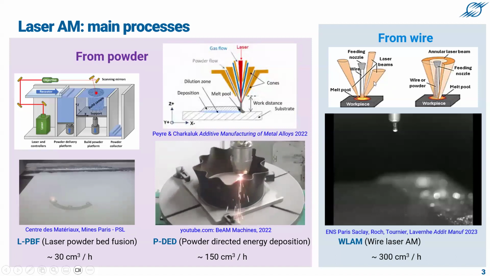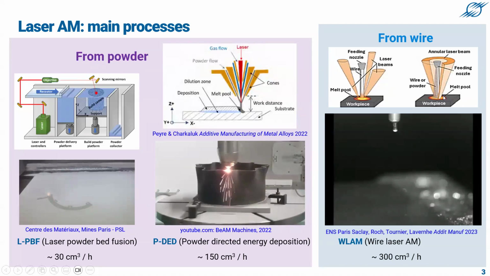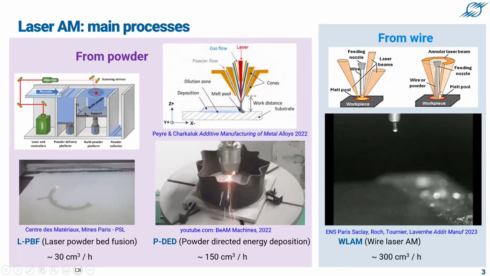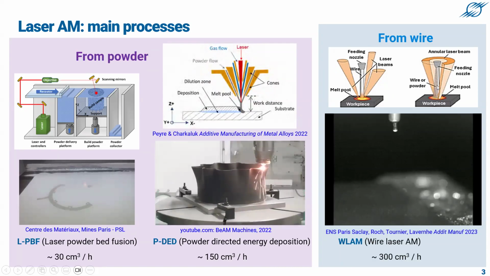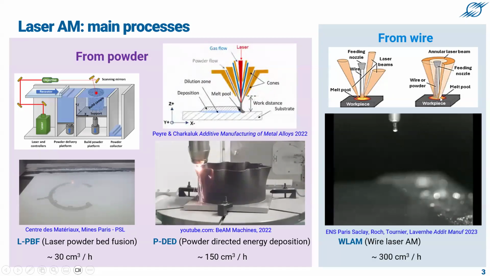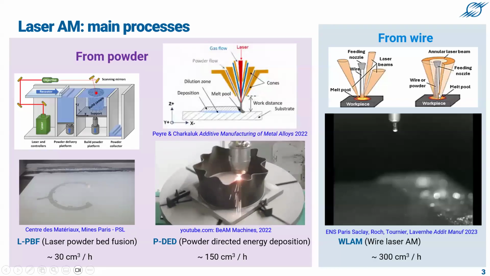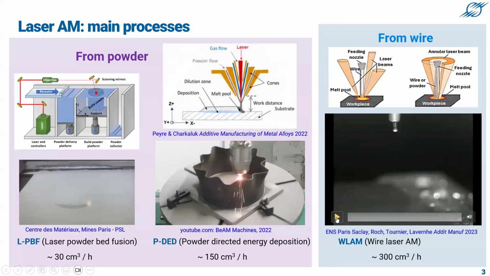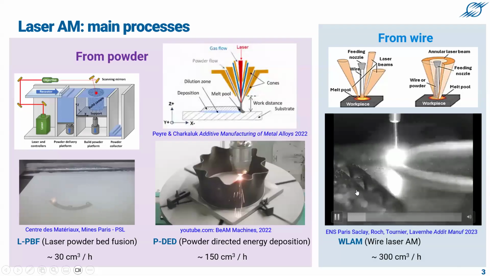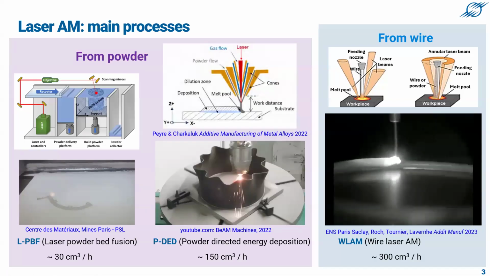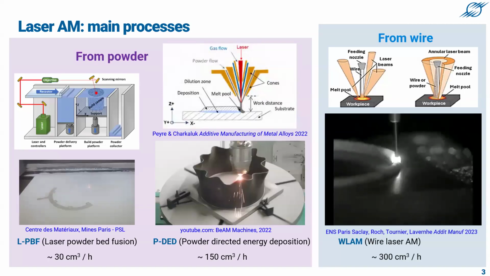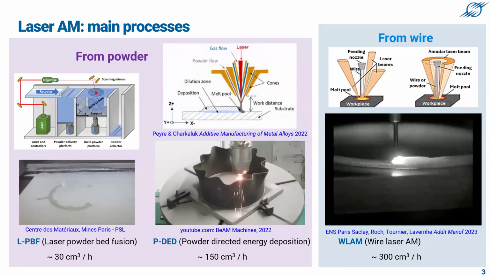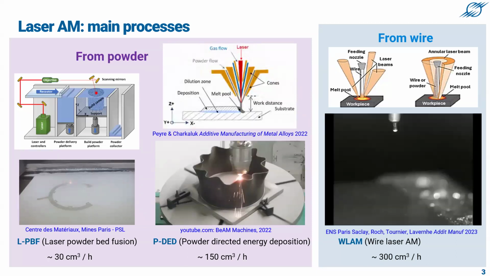The laser beam can be divided in three or transformed into an annular shape, and it hits the wire and concurrently creates the melt pool in which the wire is plunged. So the wire contacts the substrate or the previously deposited material, and here the melt pool is much more extended, so the deposition rate is quite high, an order of magnitude higher than in LPBF.